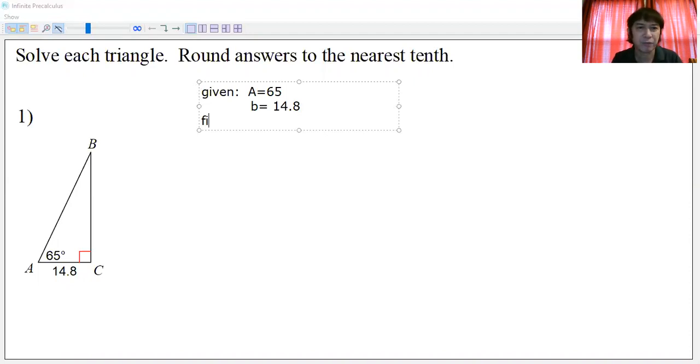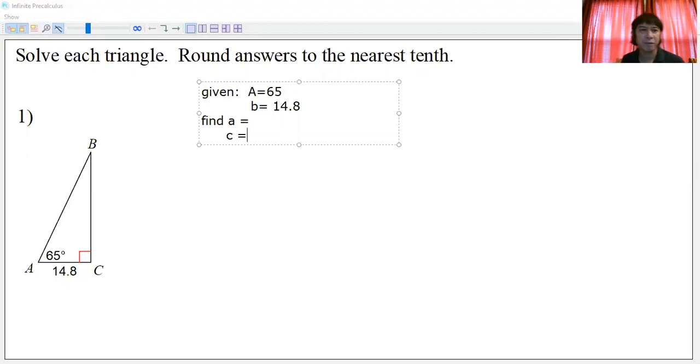We're asked to find the side A, and we shall denote it with a small letter. Find A, and also find C. You can see the small letters.